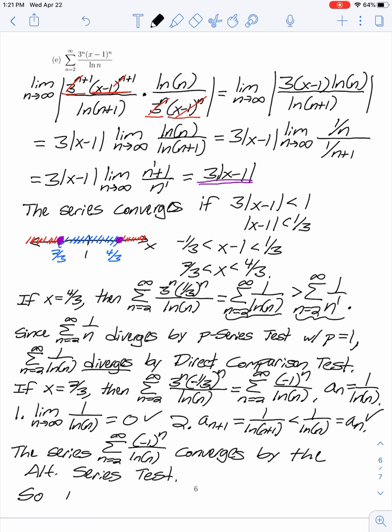So in this example, we find that our interval of convergence would be from x equals 2/3, including that left endpoint 2/3, up to 4/3, but not including 4/3, since we saw it diverged when x was 4/3. And our radius of convergence would be half the length of that interval. So here the length of the interval from 2/3 to 4/3 is 2/3. So half of that interval would be 1/3.